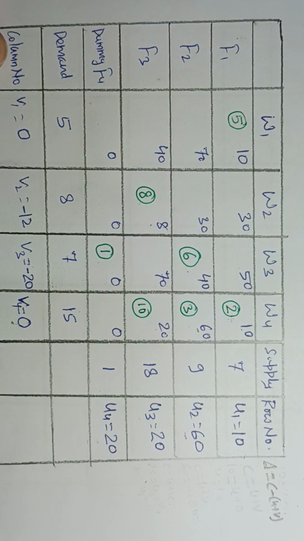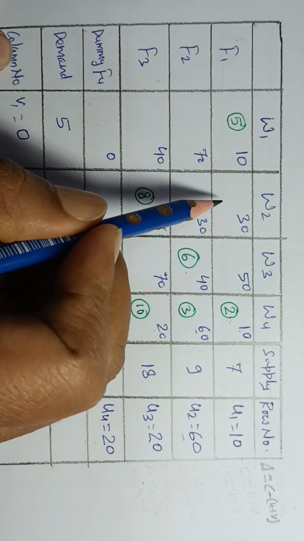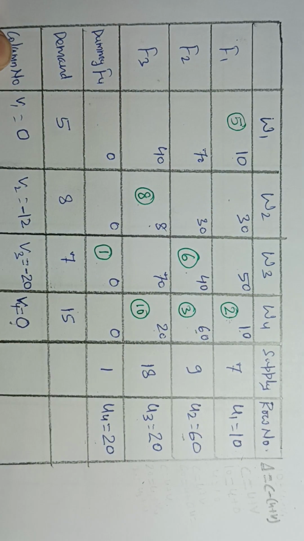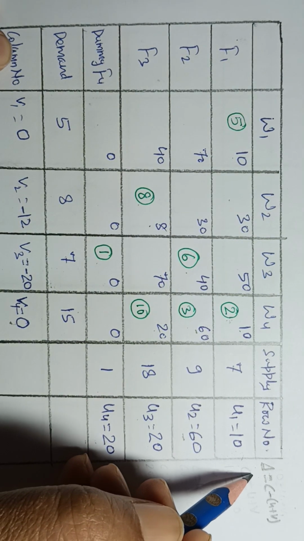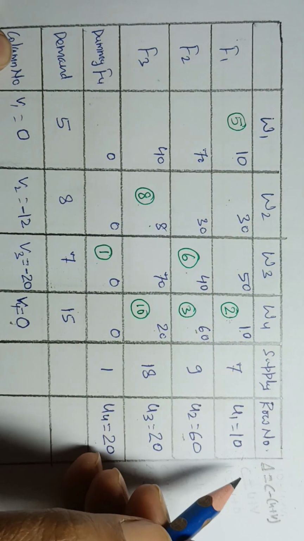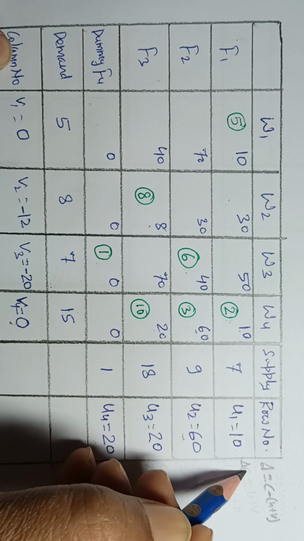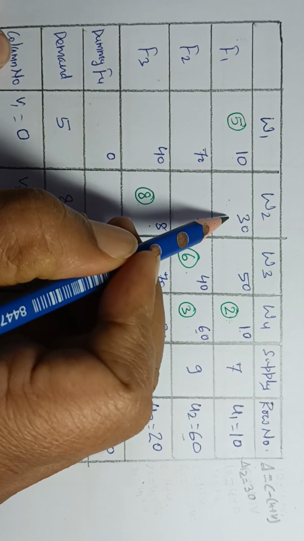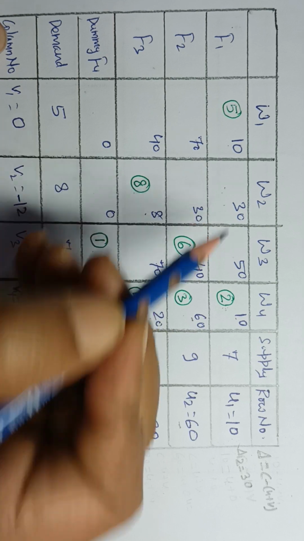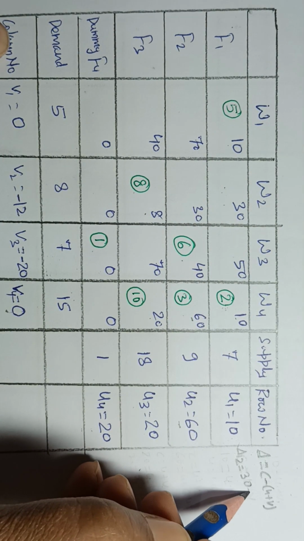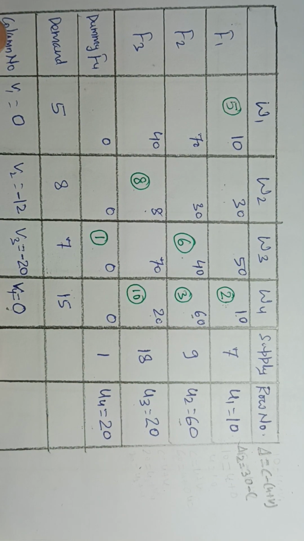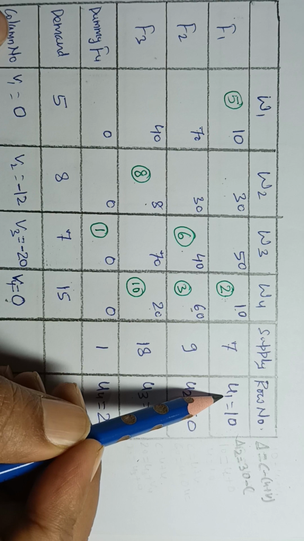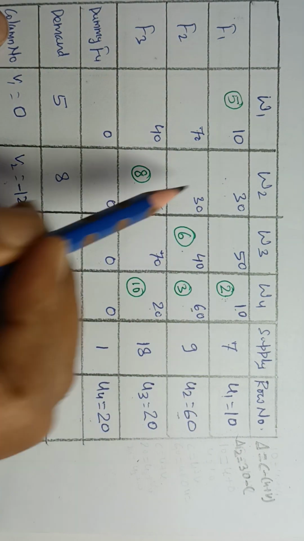For example, I am taking this unoccupied cell to calculate the opportunity cost. For this cell F1W2, C is 30. See here, C is 30, and we have the value of U. We will take here U1 and this V2 for this cell.